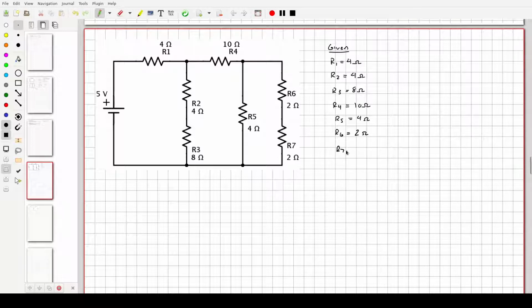And R7 is 2 ohms. Now we also have a source voltage of 5 volts. And what I'd like to find here is the voltage across and current through the components.